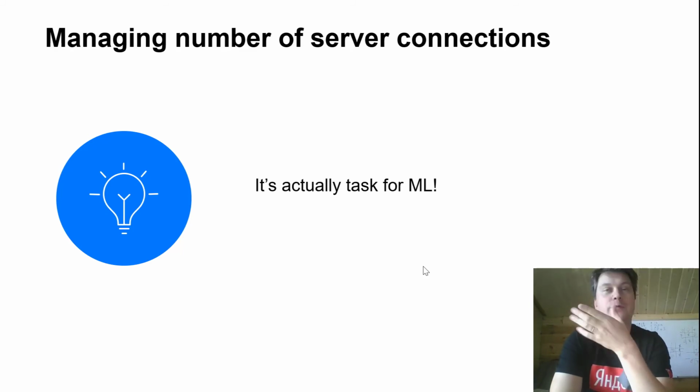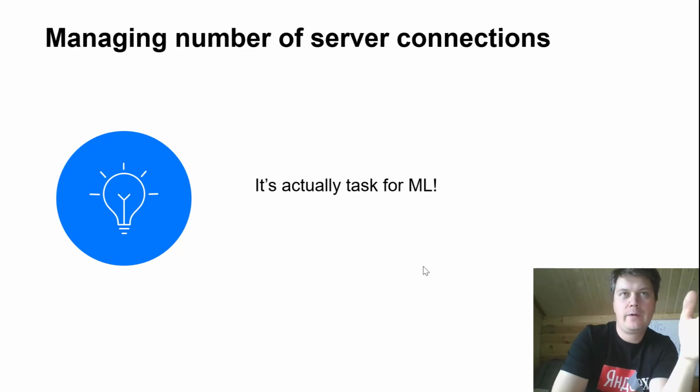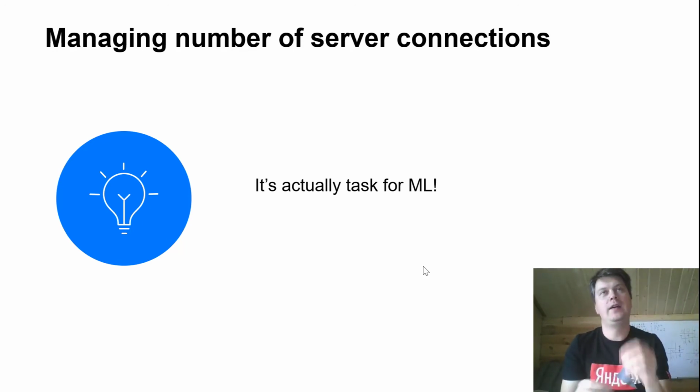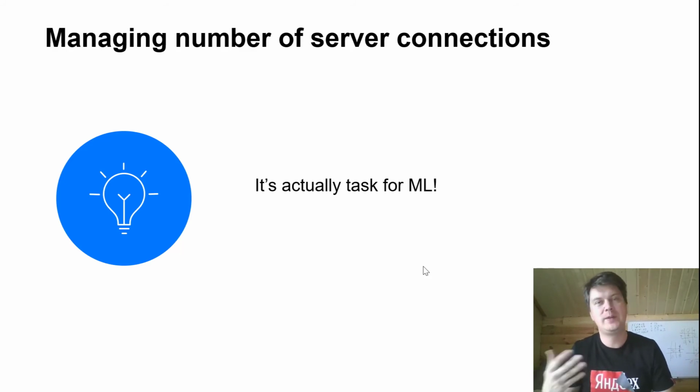Because obviously you do not know the load in the future. But when you have not enough server connections, you will have slow responses from the database. Small in the OLTP sense, like you will not answer in 1 millisecond, but will answer in 10 milliseconds. For some services that may be crucial.